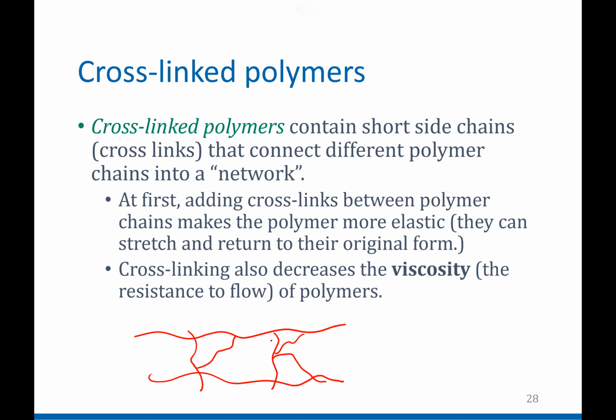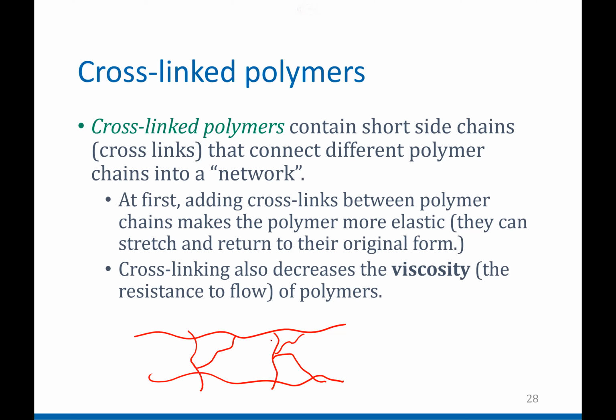You could think of it like a spider web, but I don't want you to think that it looks like a spider web exactly. But there are links between the long polymer chains. Adding cross links between polymer chains can make it more elastic, so you can stretch and bend them.